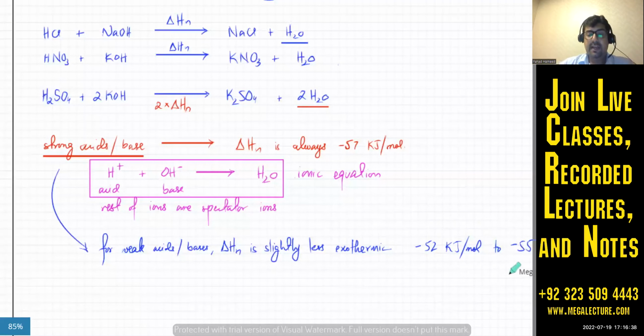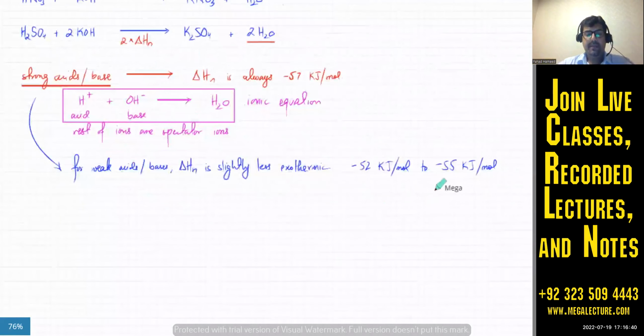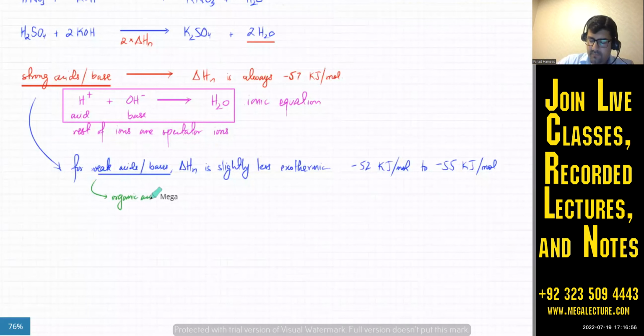Like when you do the same reaction with a weak acid, for example, which ones are weak acids and which ones are weak bases? Most of your organic acids, like carboxylic acids, you've got other acids as well, but that's one main example. So carboxylic acid, that's weak.